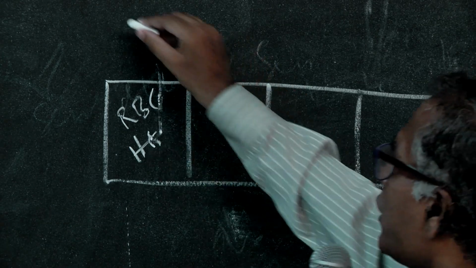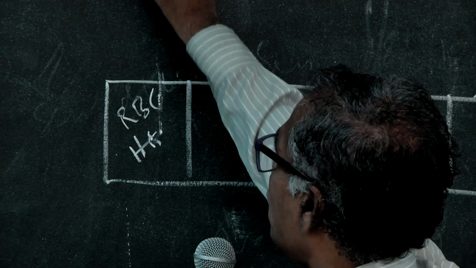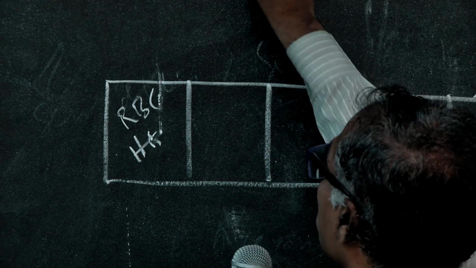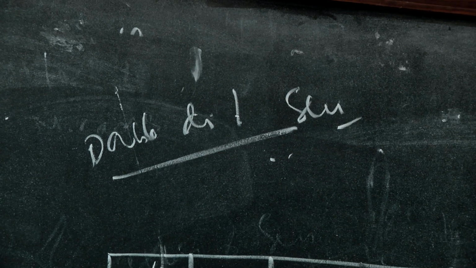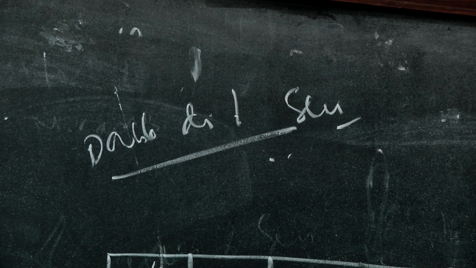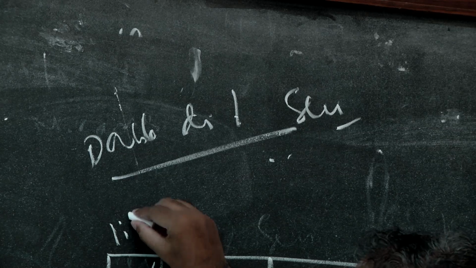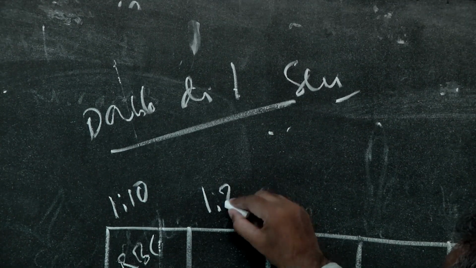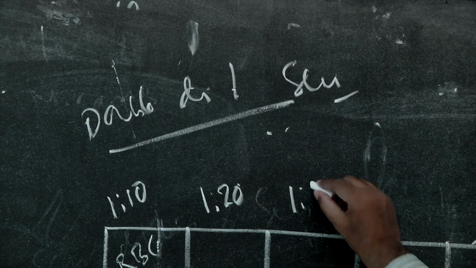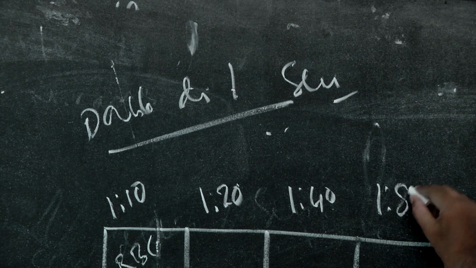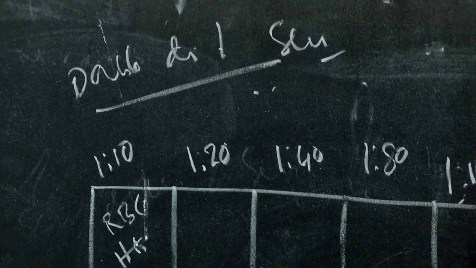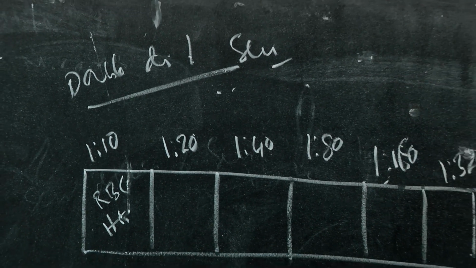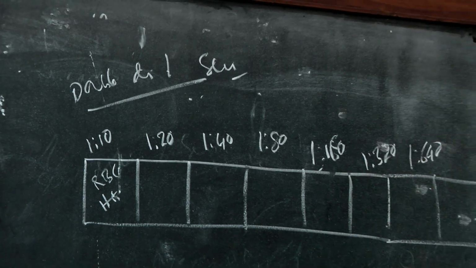To it add doubling dilutions of serum from the influenza patient. You have added the doubling dilutions, 1 in 10, 1 in 20, 1 in 40, 1 in 80, 1 in 160, 1 in 320, 1 in 640, and it goes on like that.